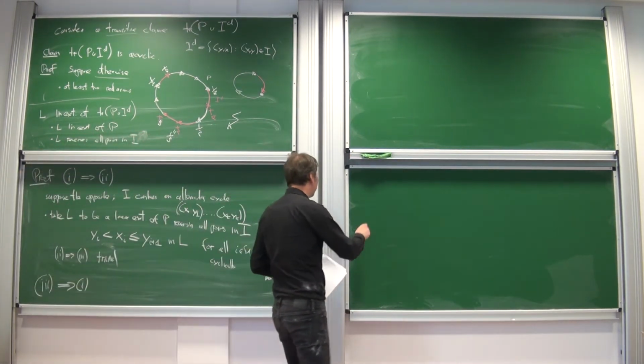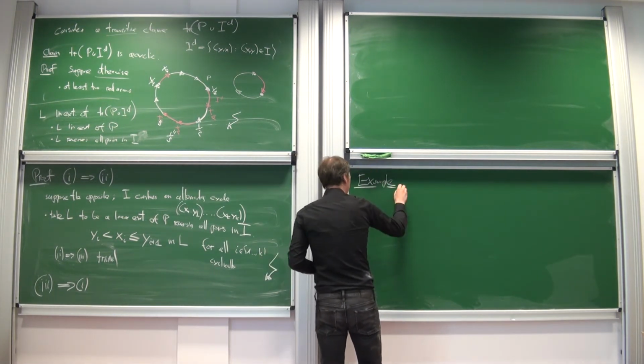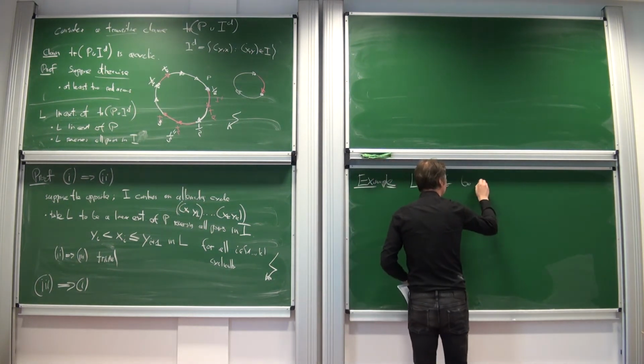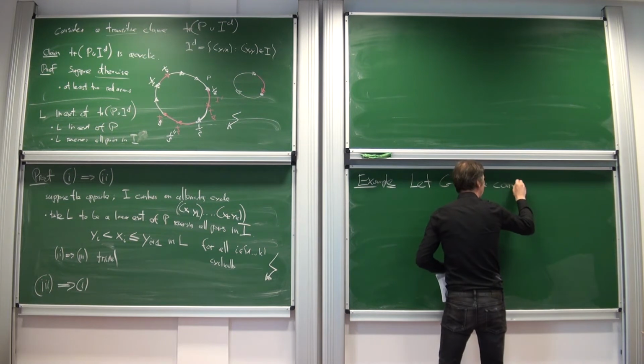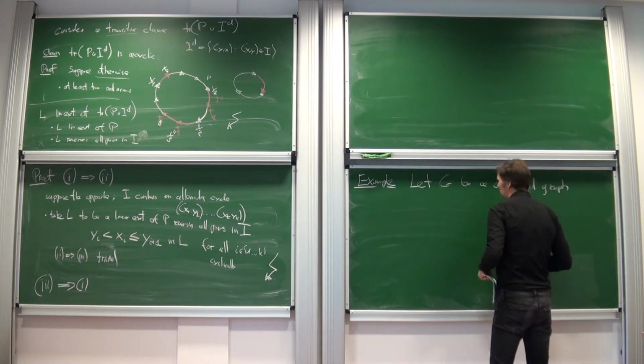So here's our example. Let G be a connected graph on at least 2 vertices.